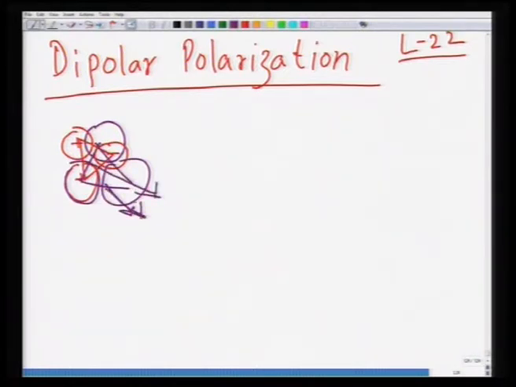As a result, this new position becomes the new equilibrium position. Now, when you remove the field, this does not necessarily go back to this position, rather it might adopt some other equilibrium position. Since this is a heavy molecule, this molecule has to turn back or move back into some equilibrium position, and this movement requires time, and that is why the phenomenon of dipolar polarization is associated with what we call relaxation.